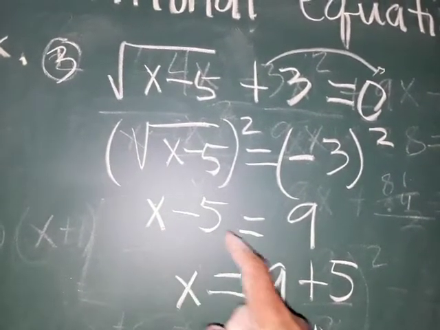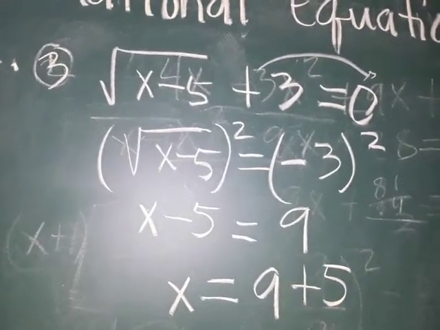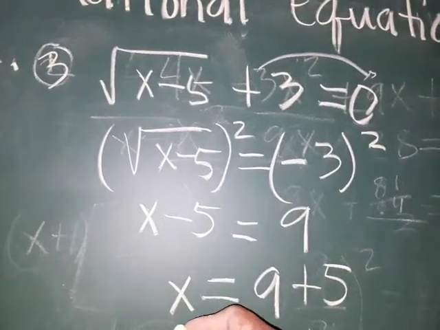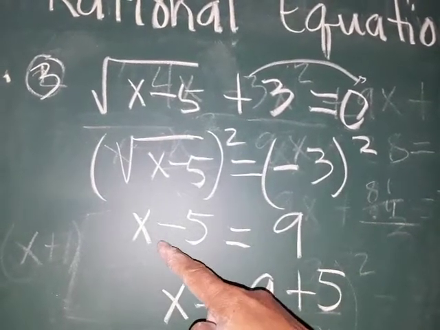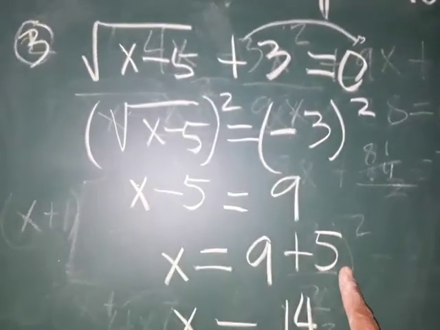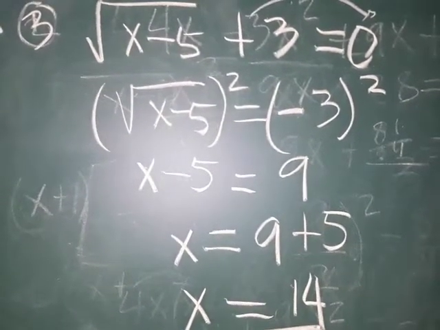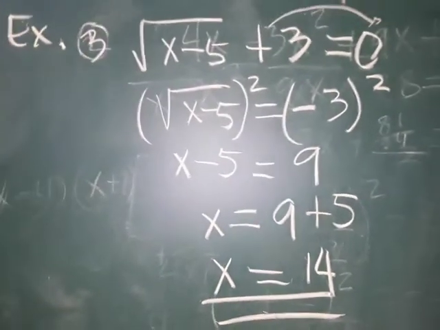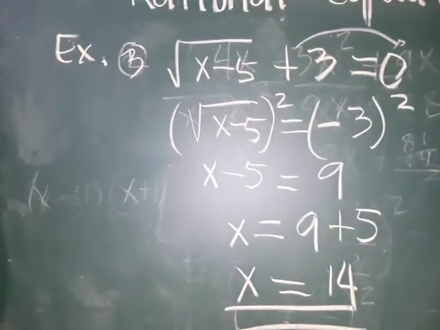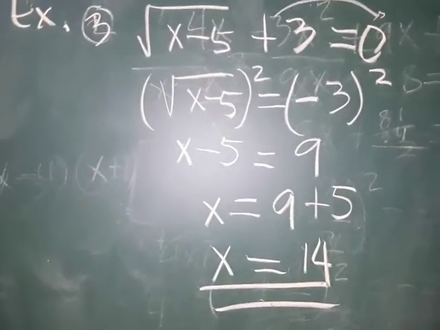So we have x minus 5 is equal to square negative 3 becomes positive 9. Then isolate x. So x is equal to 9 transpose negative 5 magiging plus 5. Then x is equal to 9 plus 5, 14. So that is our x. So this example is quite easy. Okay, so I'll give you one more example.